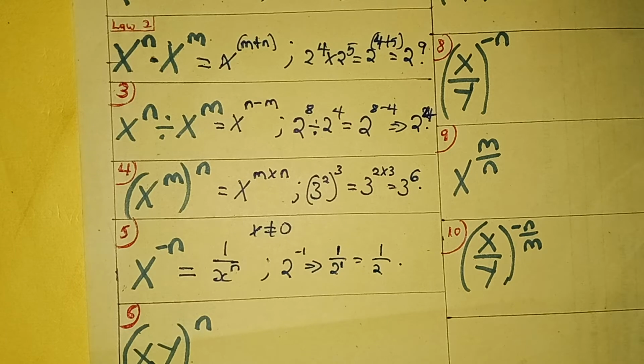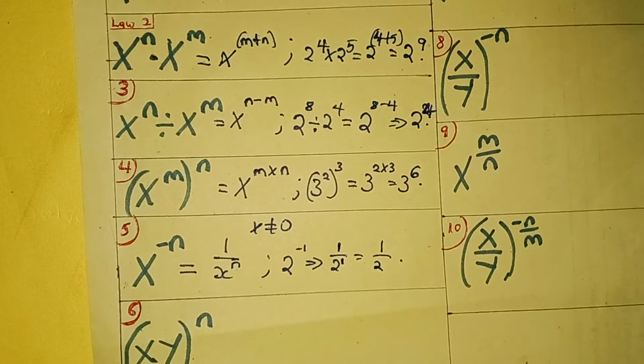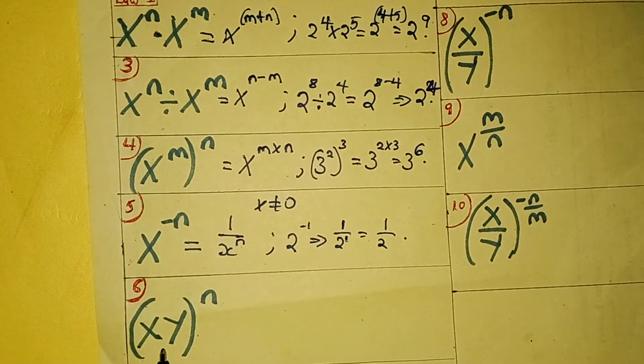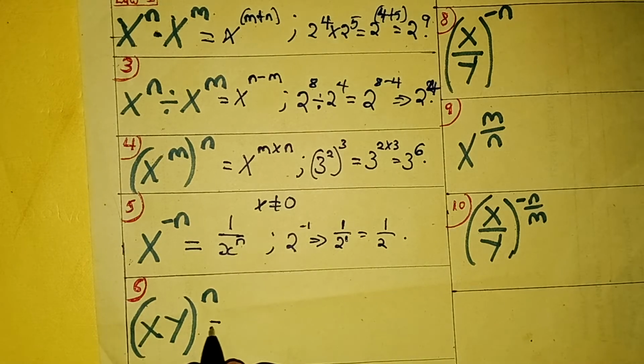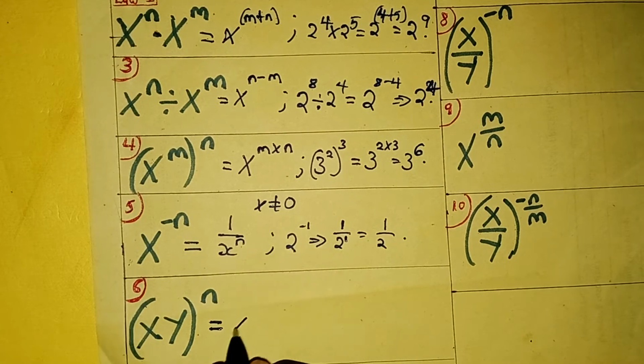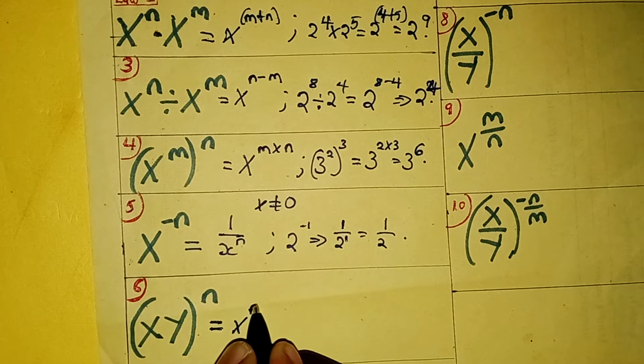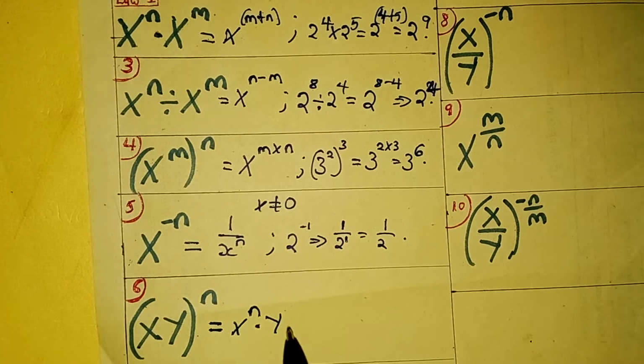Now, law number 6, we have x times y, all raised to n. That means x and y have the same power. This is equal to x power n times y power n.